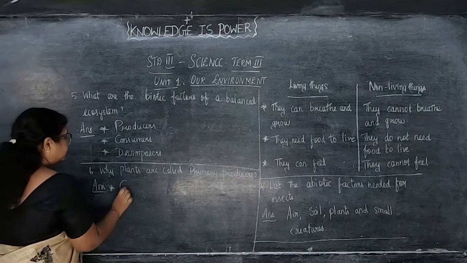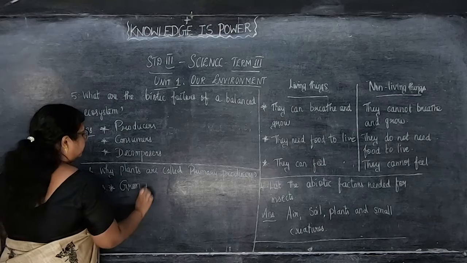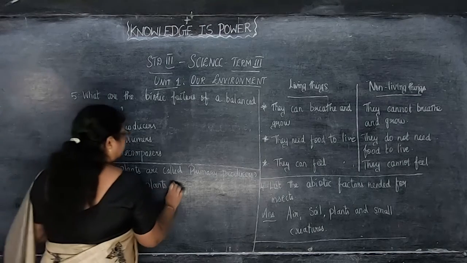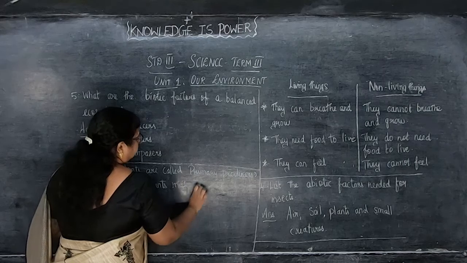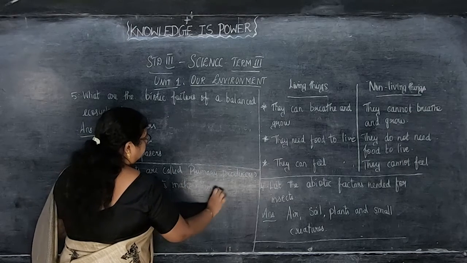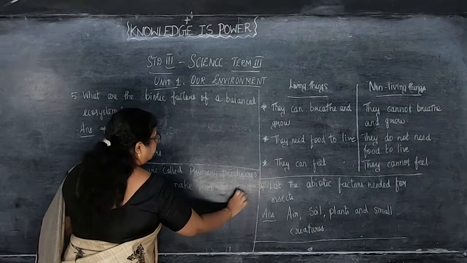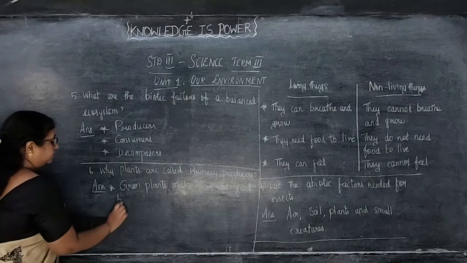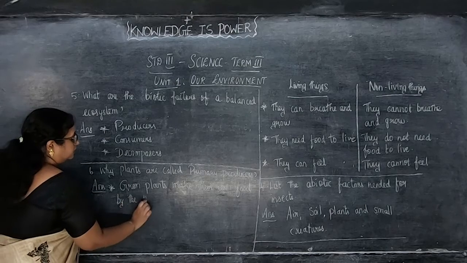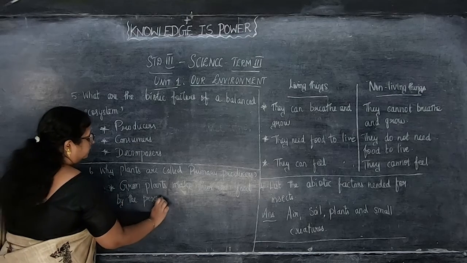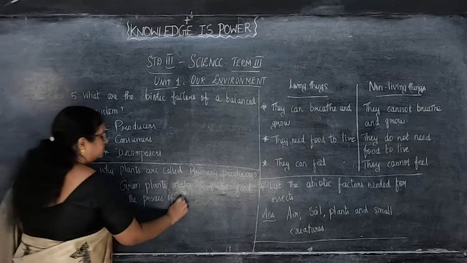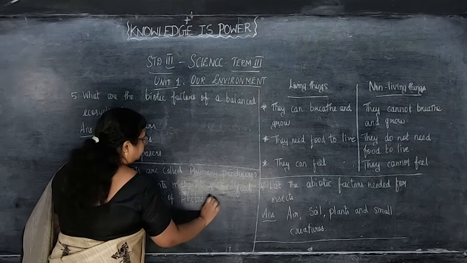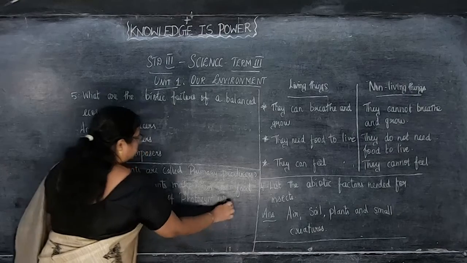Green plants make their own food by the process of photosynthesis.